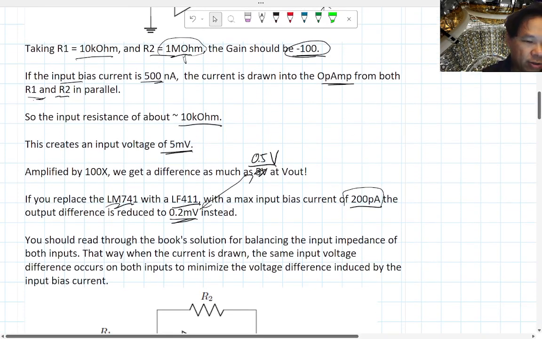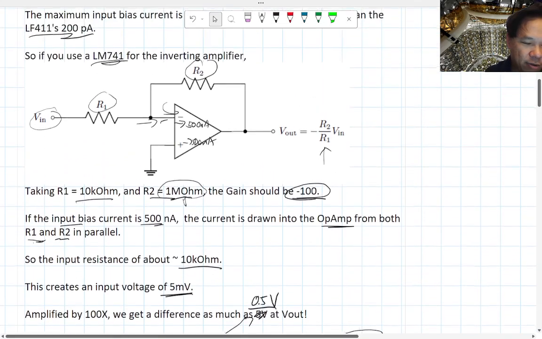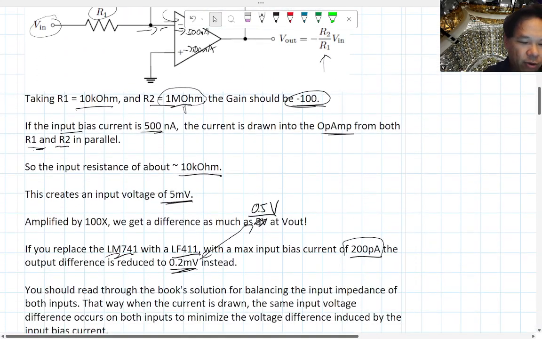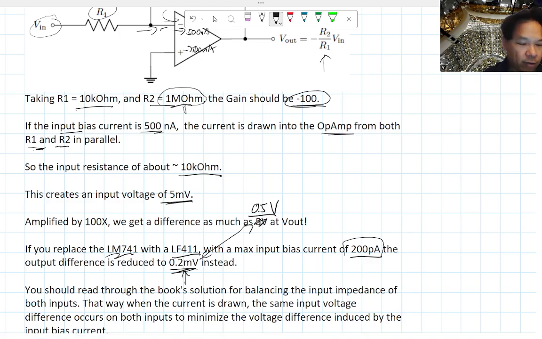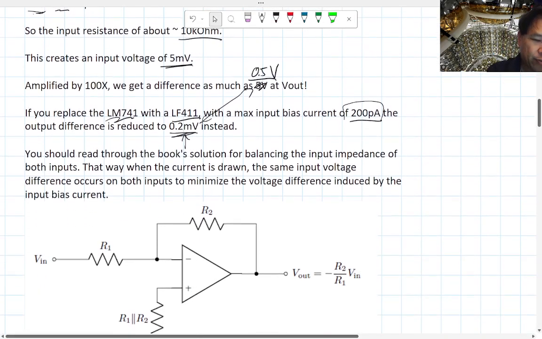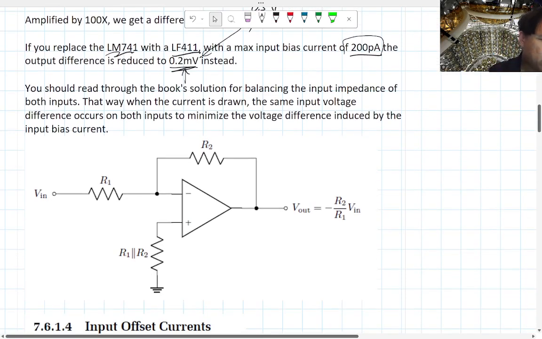There are solutions to this if you ever have to use a lower end amplifier, or you need output amplification that is more accurate than, let's say, 0.2 millivolts. You can deal with this a little bit by basically adding R1 and R2 in parallel on the other input, so you're just adding more resistors to your circuit.